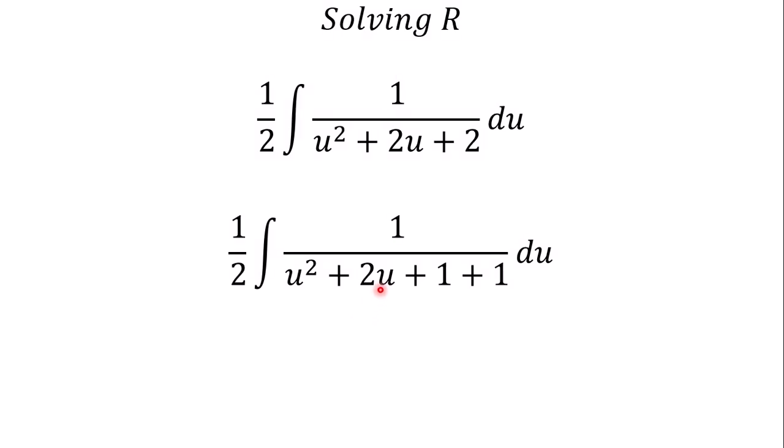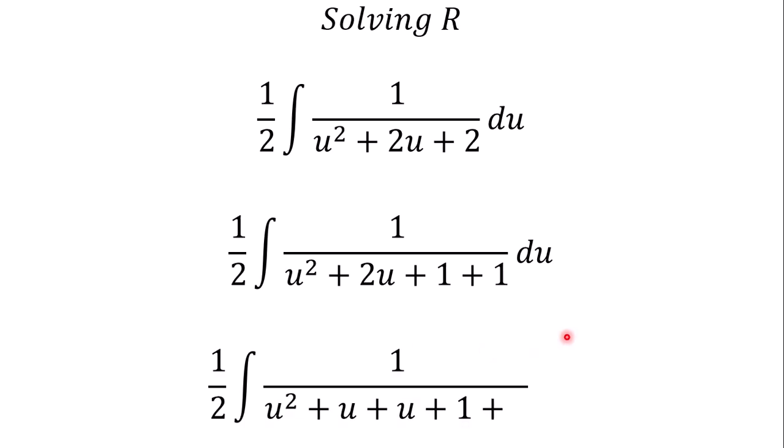Let's write this one as u plus u. We are going to bracket this and this, and also this and that.